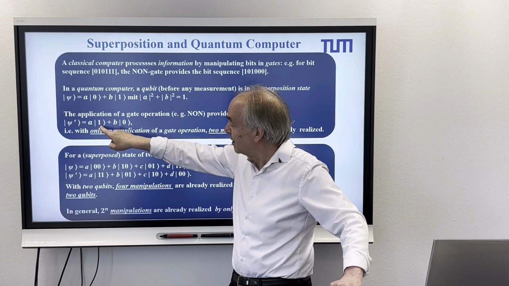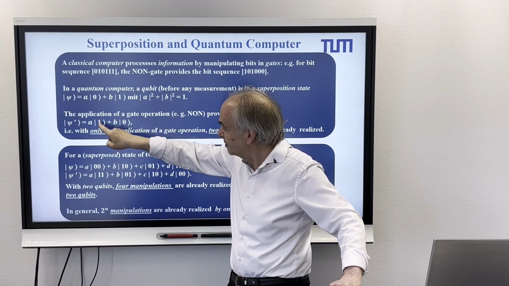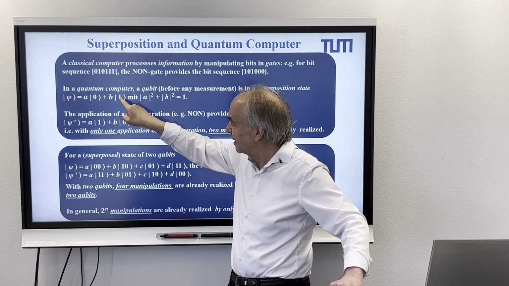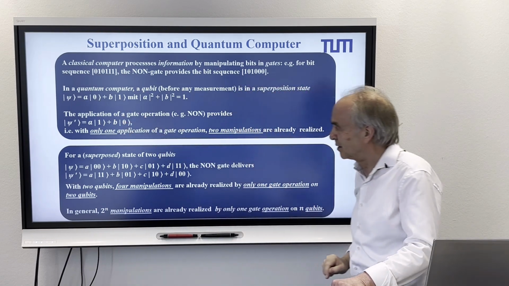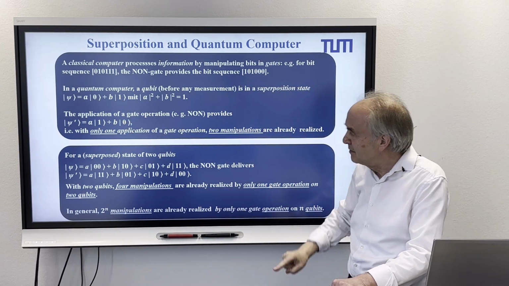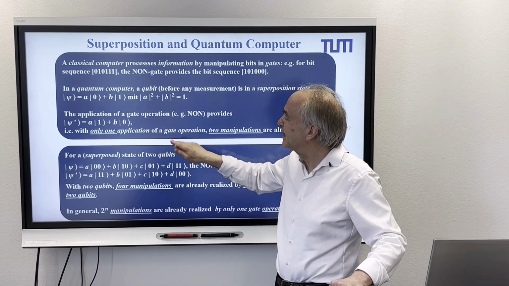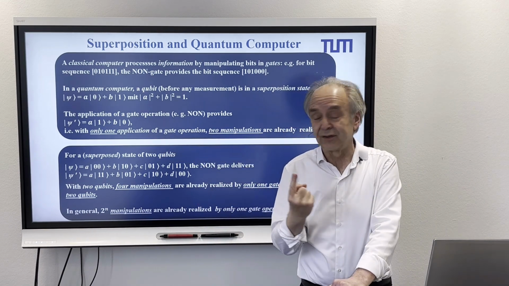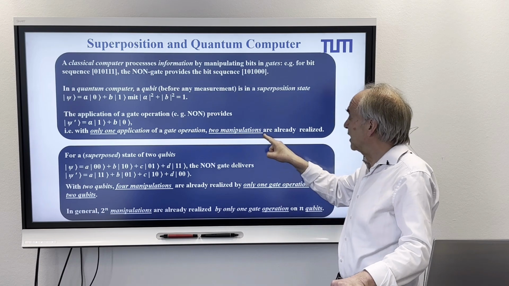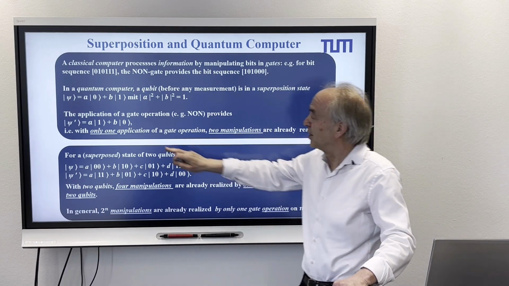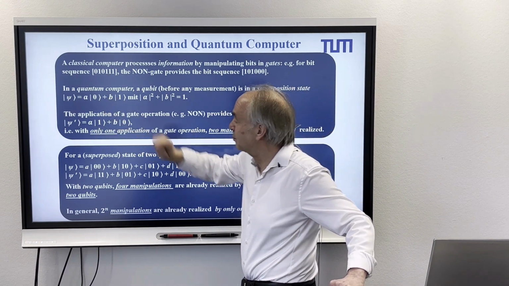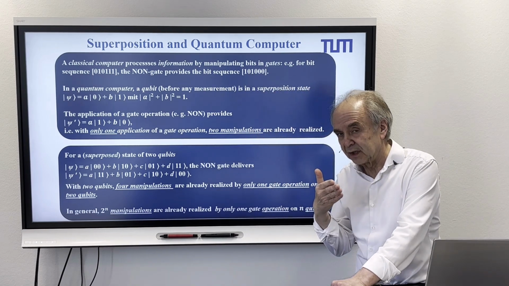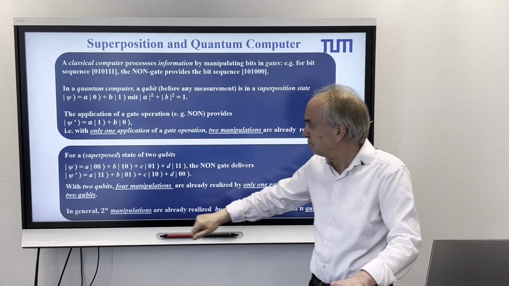That means that 0 is exchanged with 1 and 1 is exchanged with 0. What does that mean? It means with only one application of a gate operation, 2 manipulations are already realized. 2 manipulations.